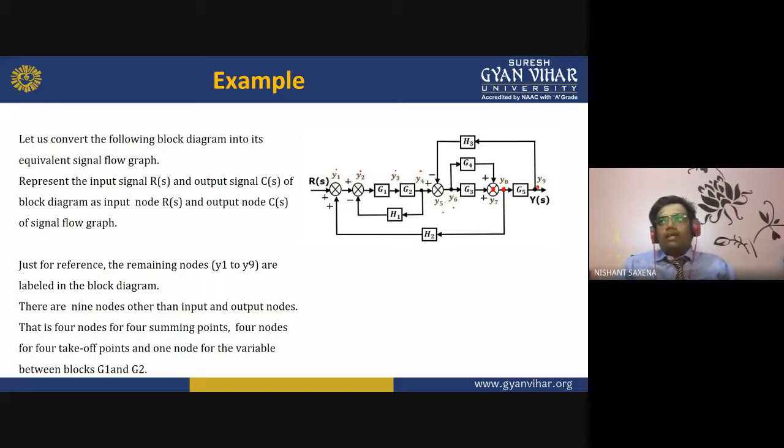So there are 9 nodes, and apart from these we will also have the input and output nodes. Now let's see further.